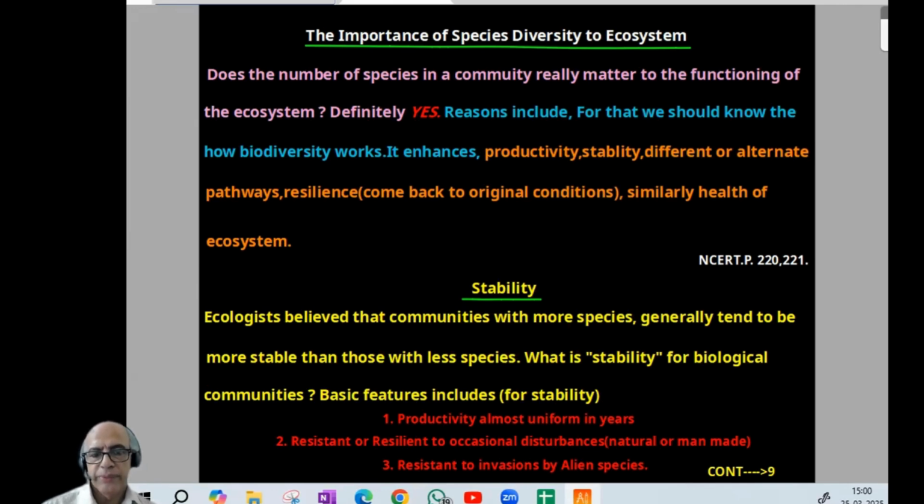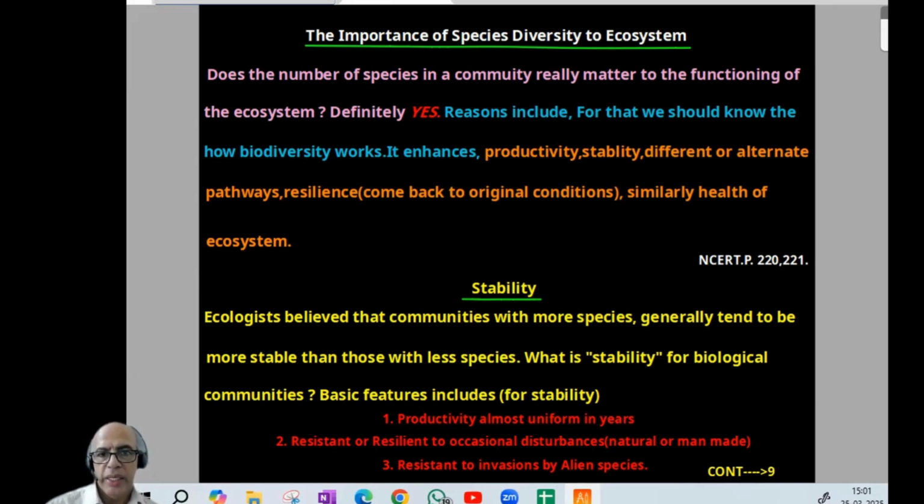Basically, it works in three ways. One is it enhances productivity and stability, with different or alternate pathways connected with stability, etc. Then next is resilience. Resilience means coming back to the original condition. Similarly, the health of the ecosystem. So these all depend on it, and one by one, we have to expand further.